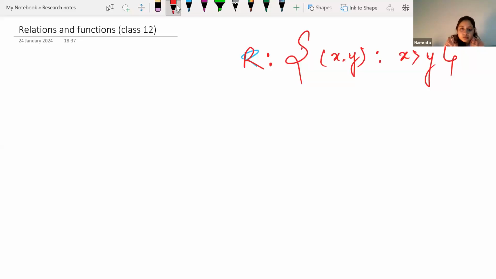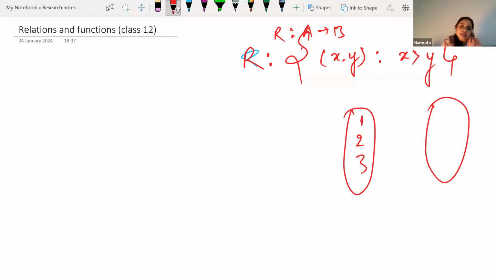Here the predefined sets can be R such that A to B, where A is given and B is given. Here we can take A as, let's say, 1 2 3, and B as, let's say, 4 5 6.